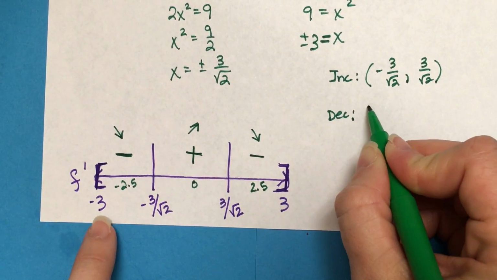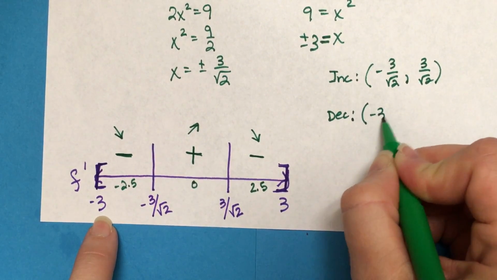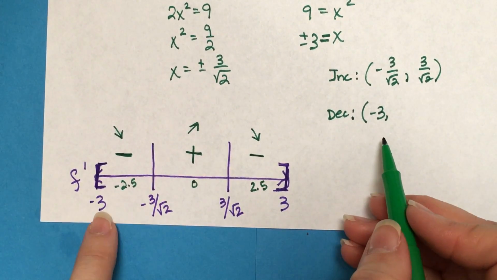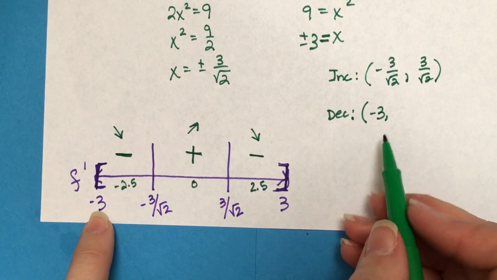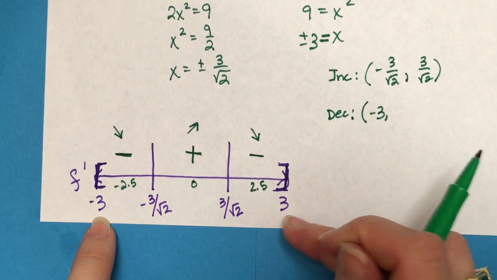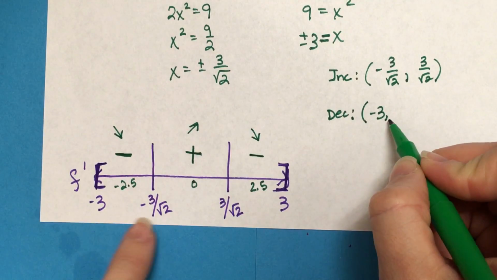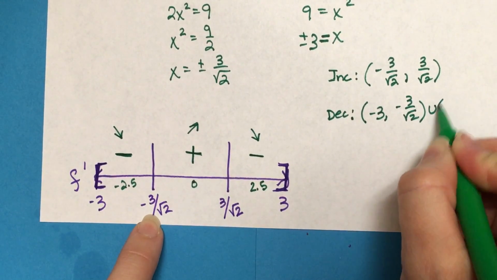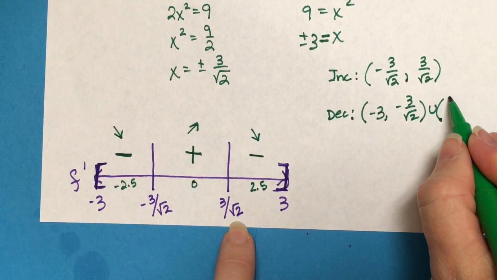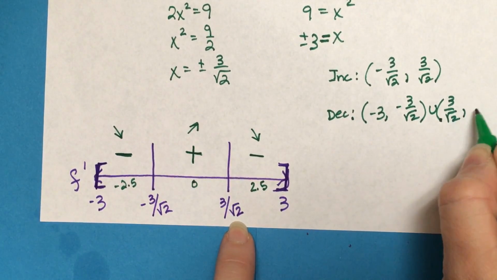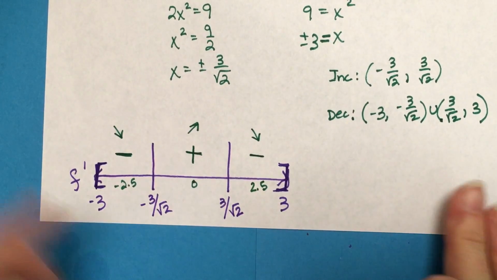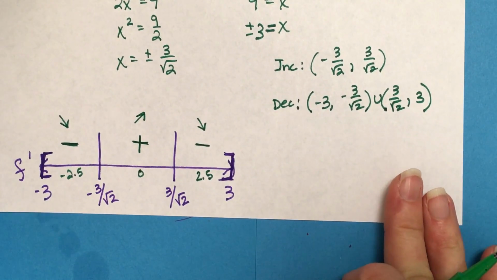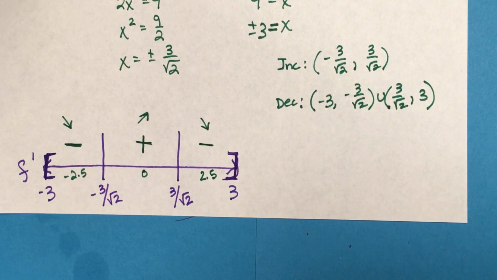Decreasing would be from negative 3, so you're not doing negative infinity this time because your graph only goes from negative 3 to positive 3. So from negative 3 to negative 3 over square root 2, and then from 3 over square root 2 to positive 3. That would be your increasing and your decreasing, okay?